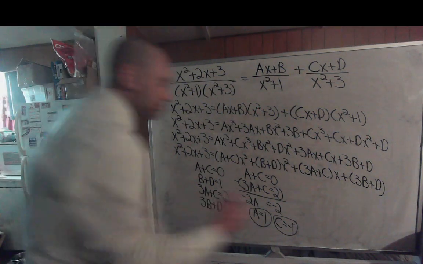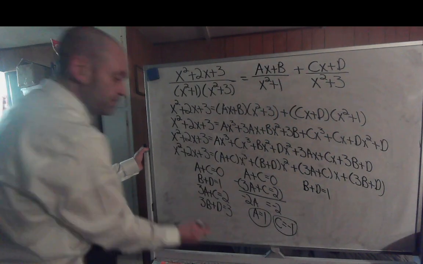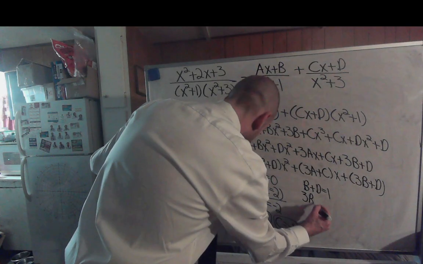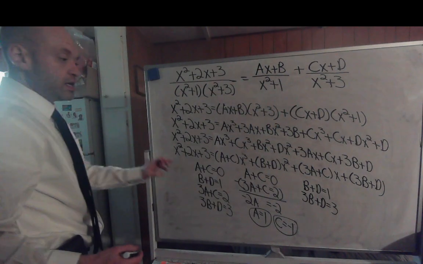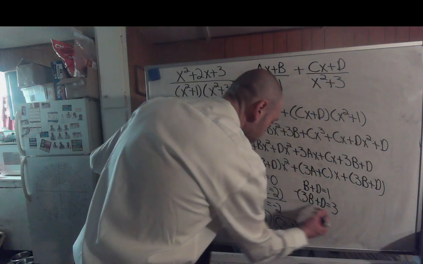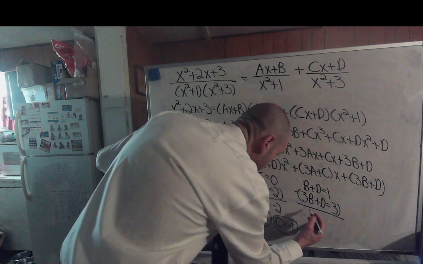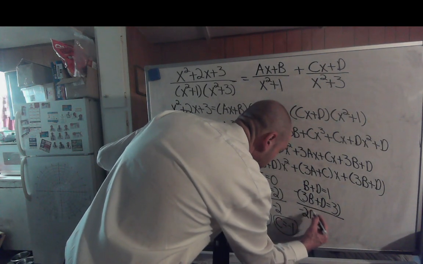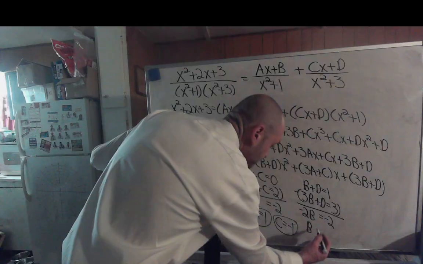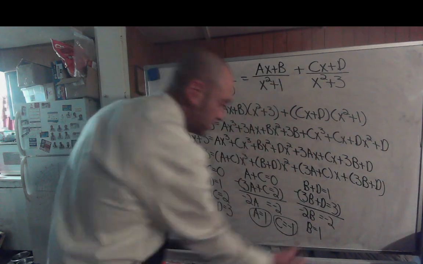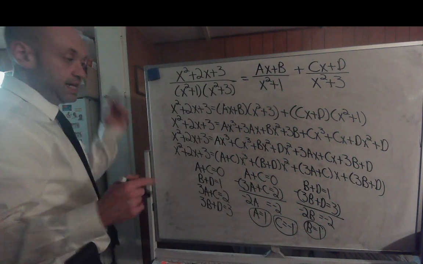So you can deal with b plus d is equal to 1, and then you'll have 3b plus d equals 3. So then you can subtract the second equation from the first. You'll end up then with negative 2b equals negative 2, which would have to then mean that b equals positive 1. So we found b. Now what about d?